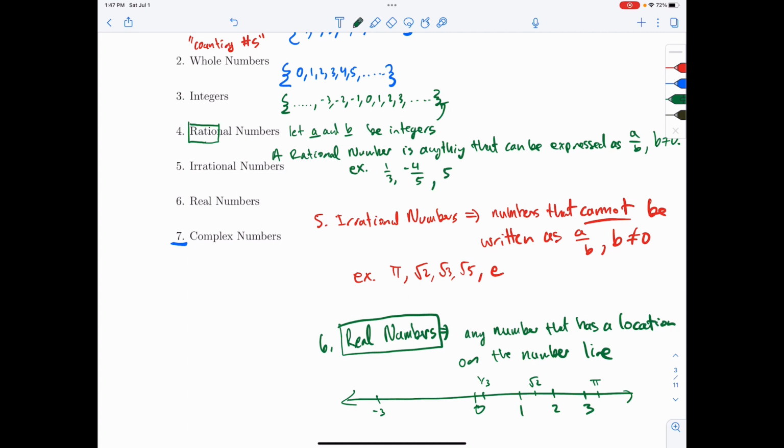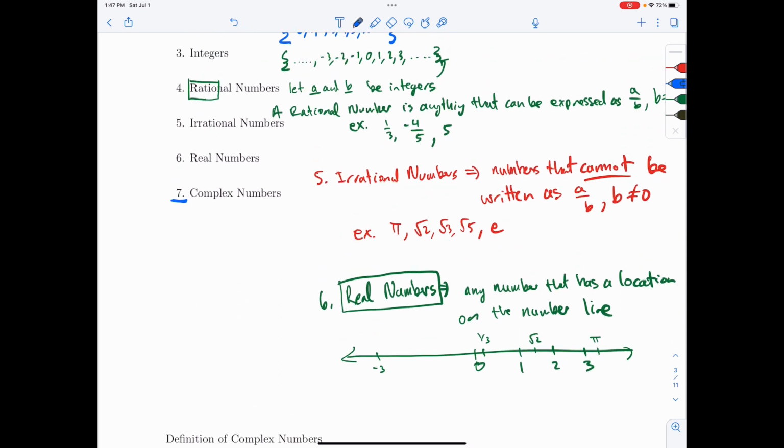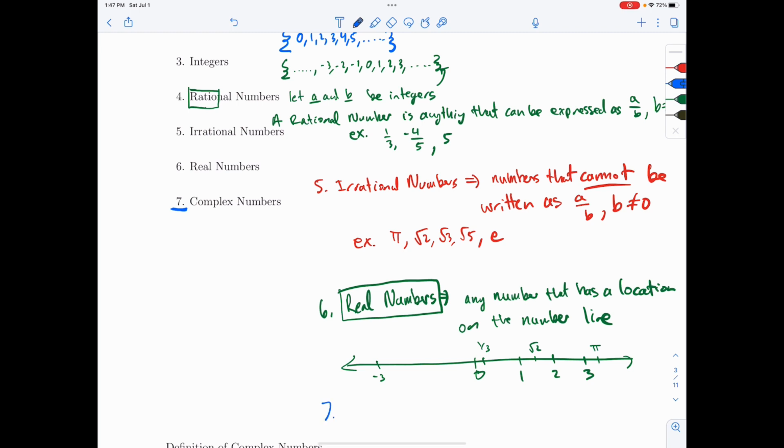Then all the numbers that are not real numbers make up the complex numbers. So the complex numbers are numbers, let me be more precise. Let A and B be real numbers, a little different than what we said about the rational numbers.